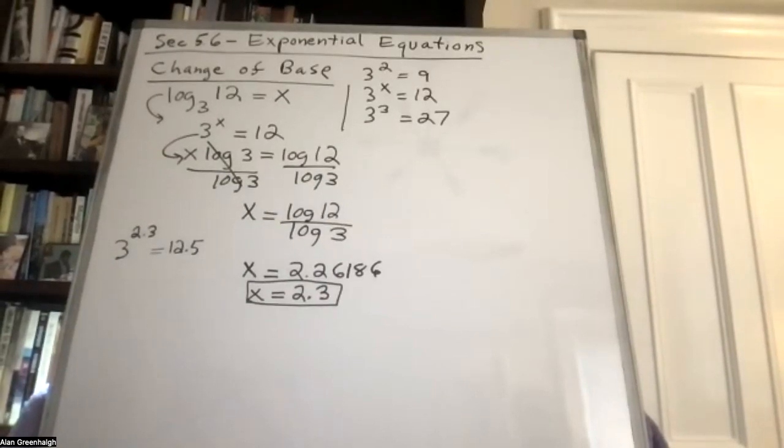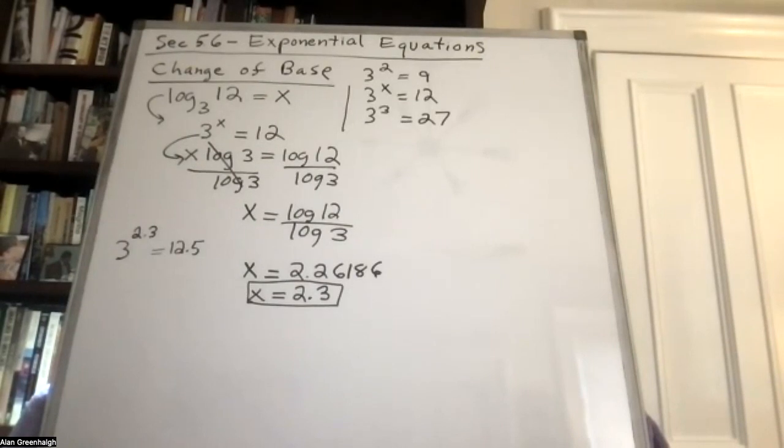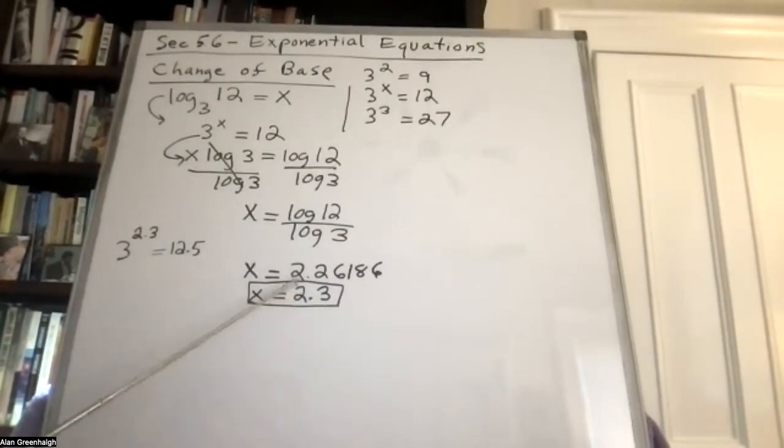Maybe because it's not the exact number, it's approximate, because we have 2.3. What would give us a more accurate answer? Based on what you just said, what would give us a more accurate answer?